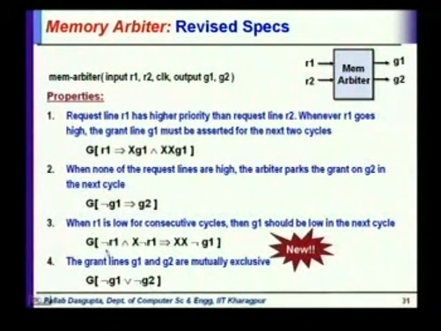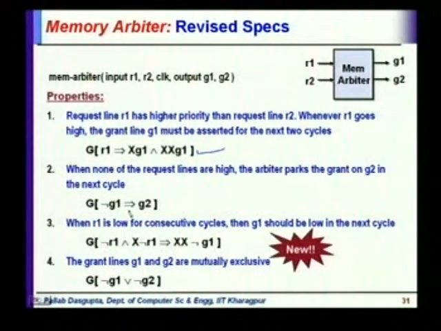So if we have not R1 and X not R1, then this will not hold anymore in the next to next cycle. So this will not give you any compulsion for asserting G1. So in that case we must lower G1. So if the request was not high in the previous two cycles, then lower G1.